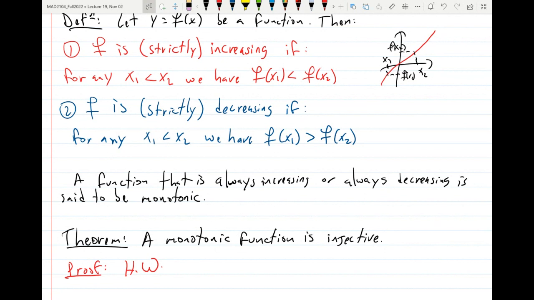But if you have this, because the function is increasing, you have f of x1 less than f of x2, right? But if f of x1 is less than f of x2, that means f of x1 is different than f of x2, right? It's one line, okay? It's just understanding that the definition of increasing immediately gives you injectivity, and similarly the definition of decreasing, okay?